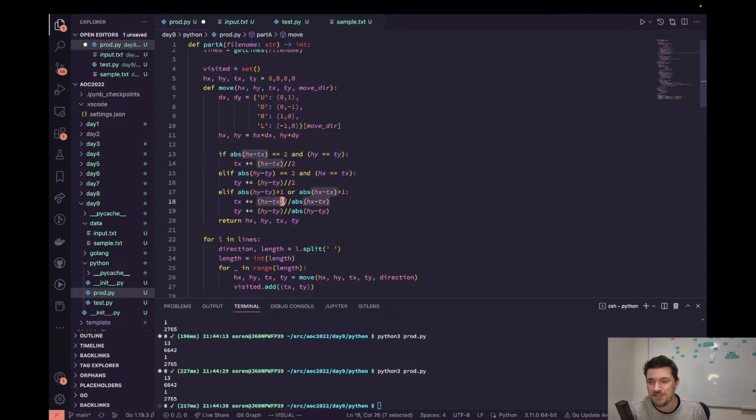So this one, if the head is greater than the tail, then this is positive, and this is always going to be positive because we take the absolute value of it. So that means this will always be either a +1, -1, or 0, based on the difference here.